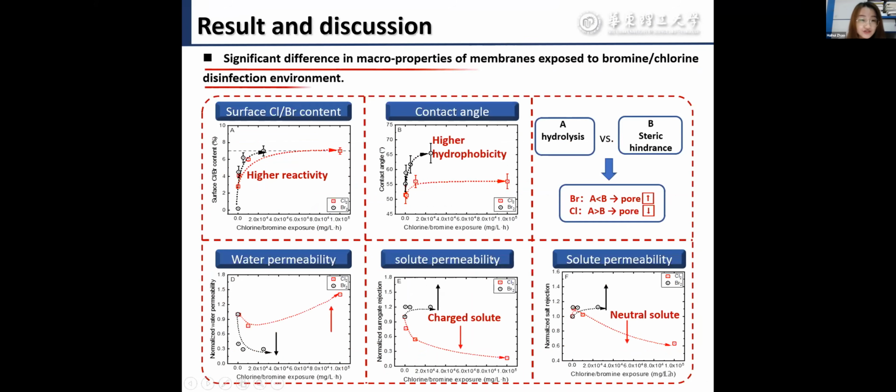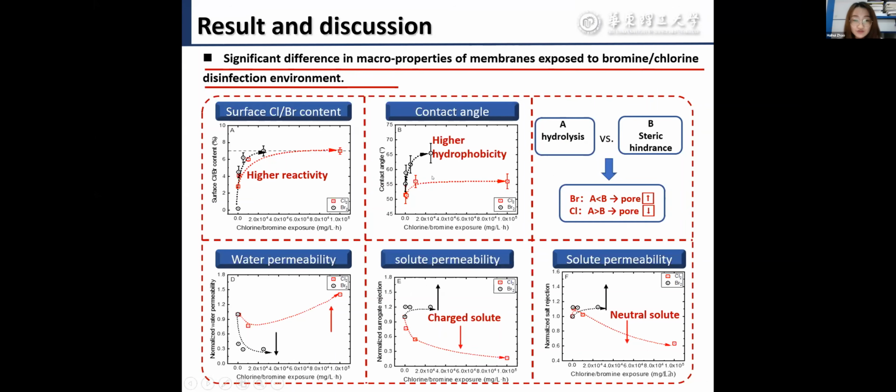Bromine and chlorine are the two most dominant oxidizing agents for biofouling control and water disinfection. Bromine has a higher reactivity than chlorine, so it can be more prone to incorporate into the membrane surface.